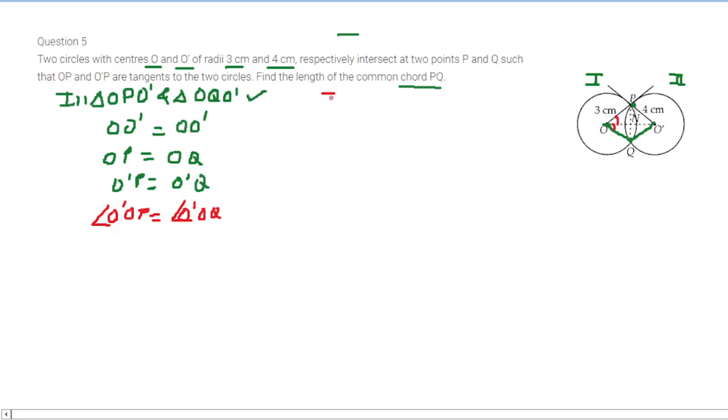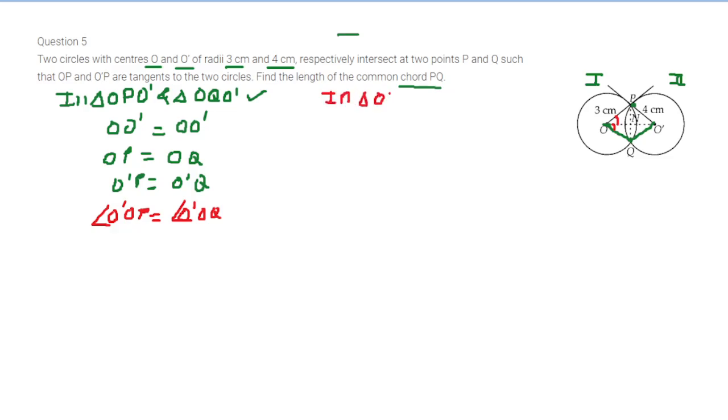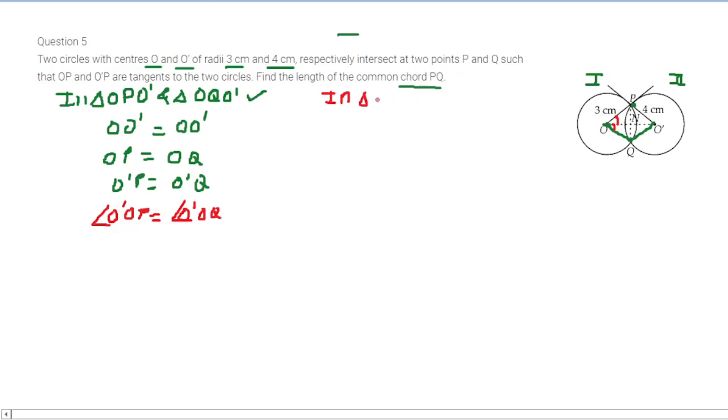Now we will take triangle PON and triangle NOQ. We have just proved that angle O dash OP is equal to angle O dash OQ. From here we can see that angle NOP will be equal to angle NOQ.